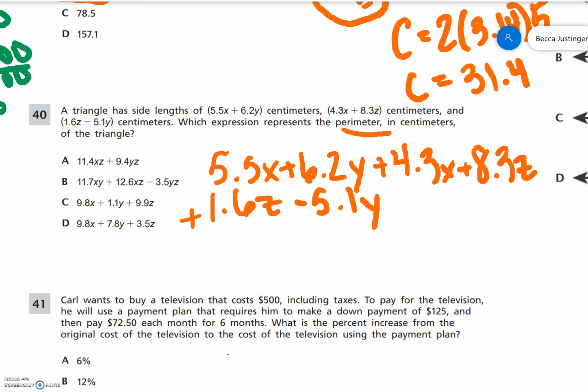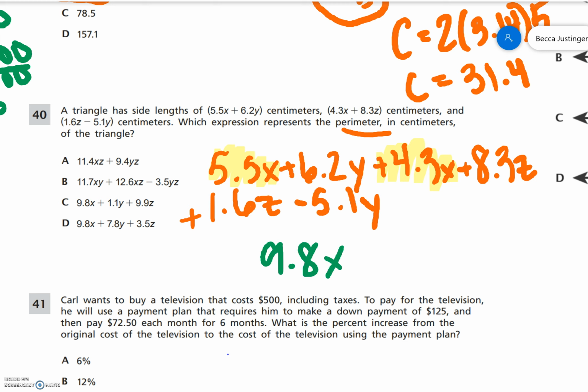Minus 5.1y. Now we want to combine like terms. I have a 5.5x, a plus 4.3x, and no other x's. So 5.5x plus 4.3x gives me 9.8x.